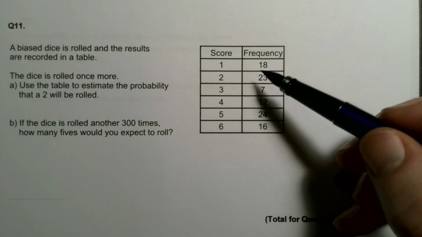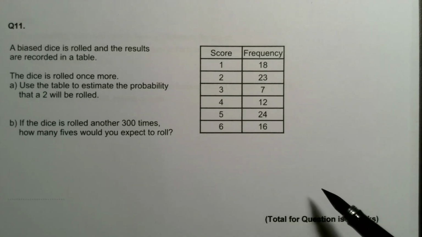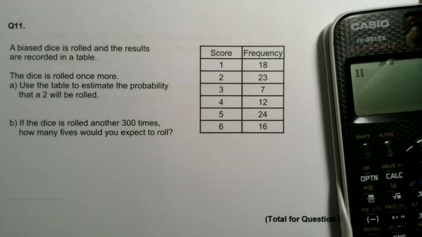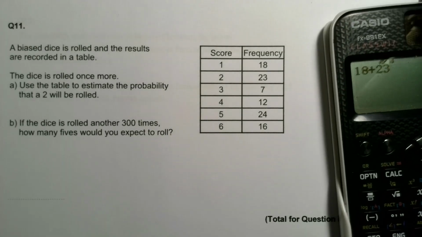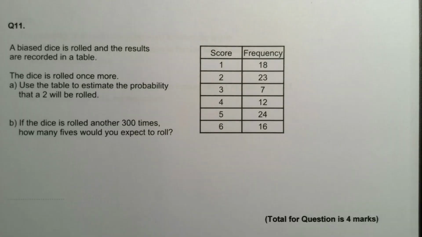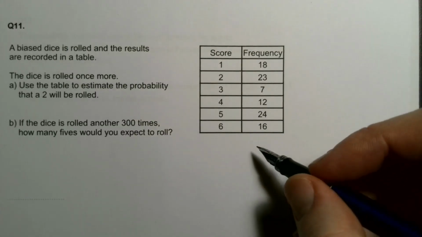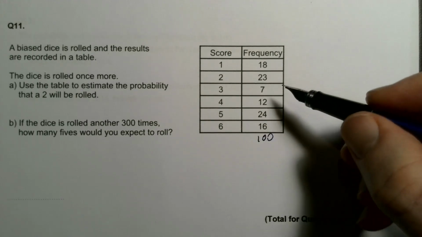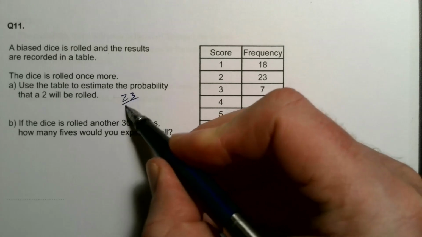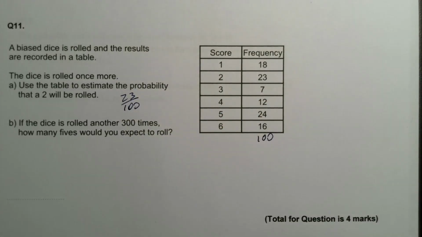If we add all these numbers up, we get how many times the dice has been rolled. So use your calculator, 18 plus 23 and so on, and that is exactly 100. So the probability that a 2 will be rolled is going to be 23 out of 100. If you write 23%, that's fine.